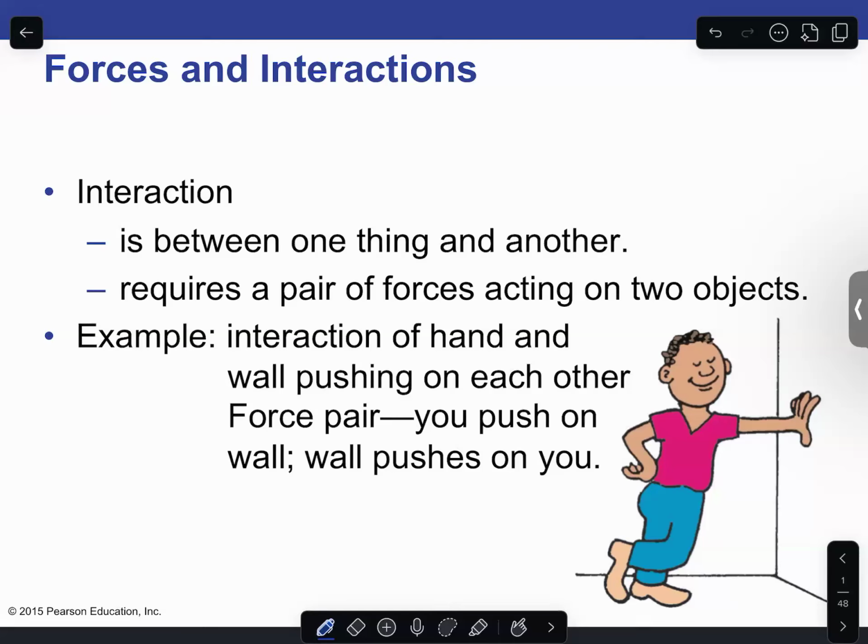I get lots of different responses. Again, the question for E that I'm asking is to identify the third law pair to the force of professor normal force on wall. The professor exerts a normal force on the wall. What's the third law pair to that? All you have to do is switch the dealer and the feeler.